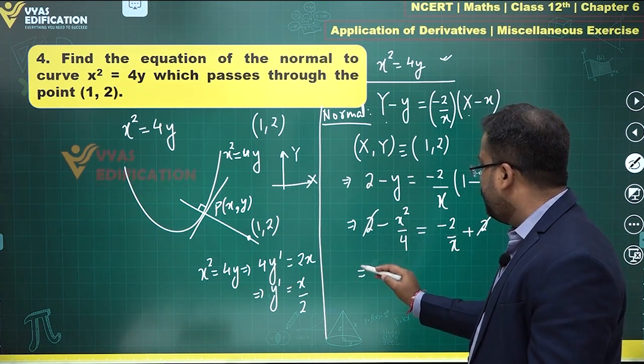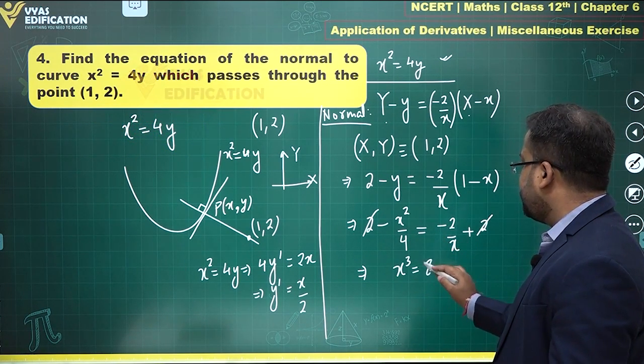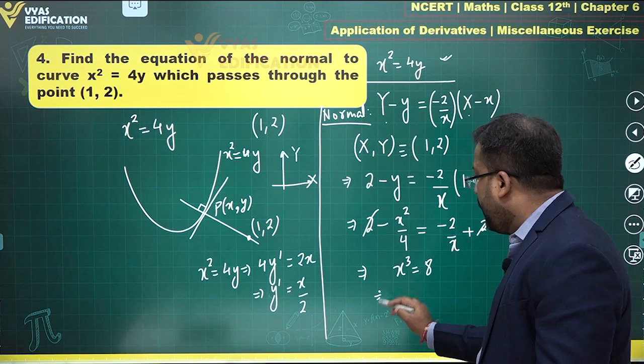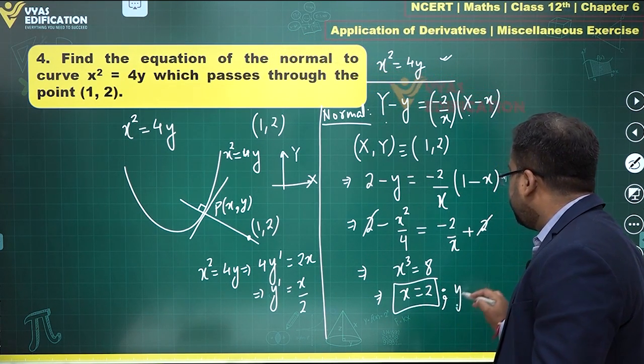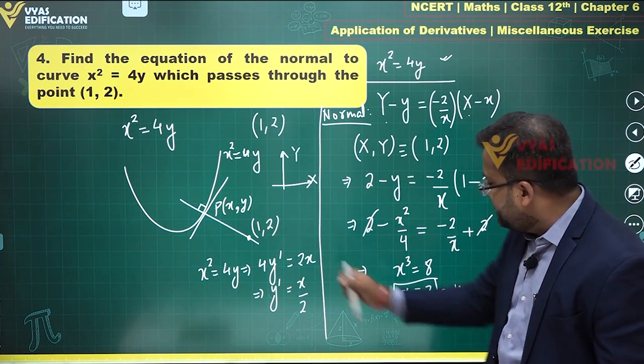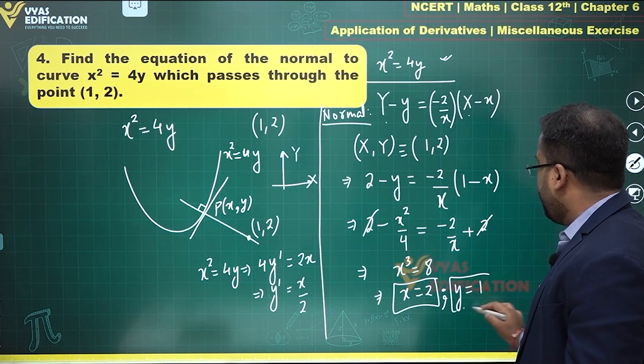This 2 goes with this 2, and what you get is x power 3 is equal to 8. So the required point is x equal to 2, and with the help of this, the value of y for this point P will be simply 1.